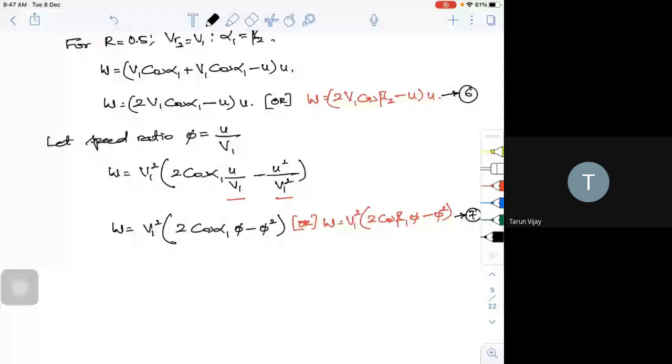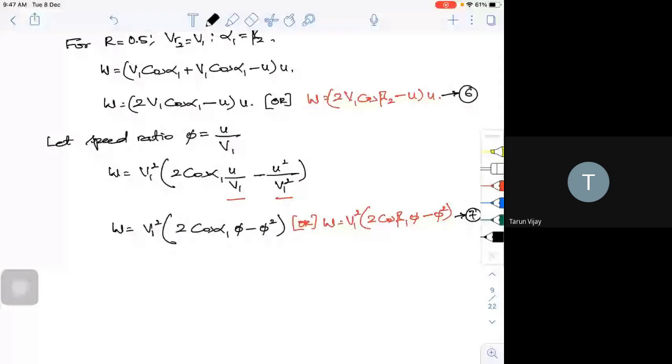If you look at it, the kinetic energy of the fixed blade will be only with respect to your V1, but the kinetic energy of the moving blade is with respect to the relative velocity. Now, when you have this kind of relationship, your stage enthalpies are going to change, and that will have an impact on your efficiency.